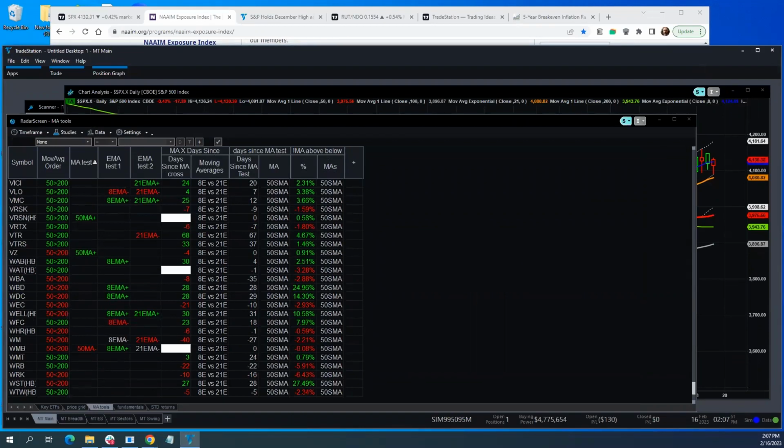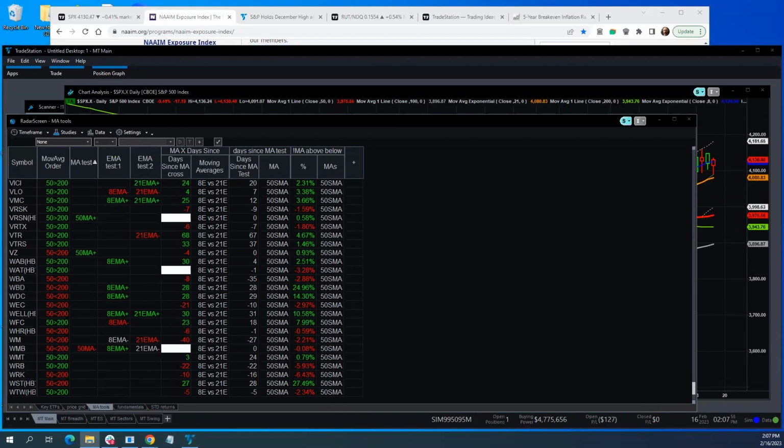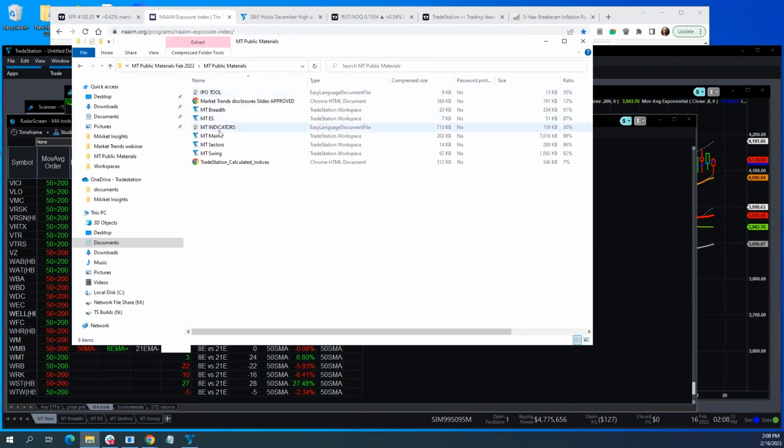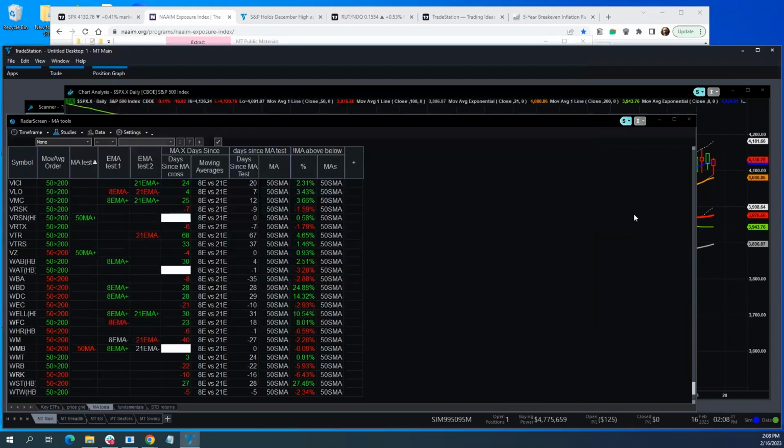If you go into the zip file, just so you know, this is what it looks like. There's the IPO tool and MT indicators. If you load both of these in, and then you open the workspace, these should work. So you'll see MA test and EMA test.